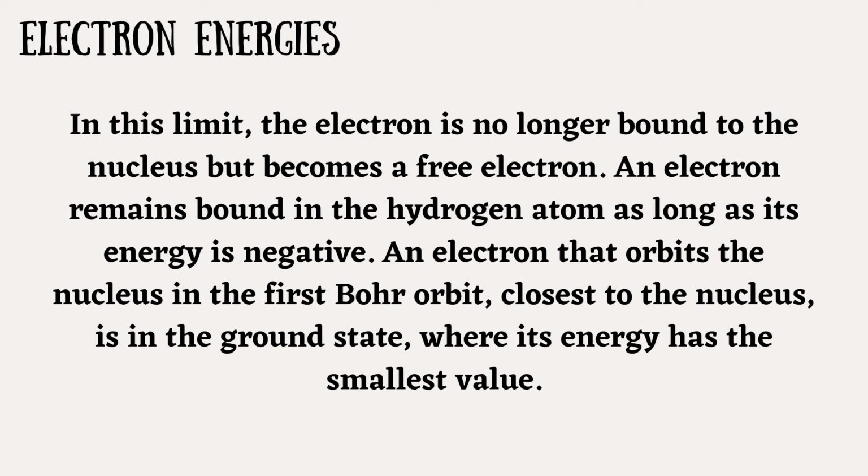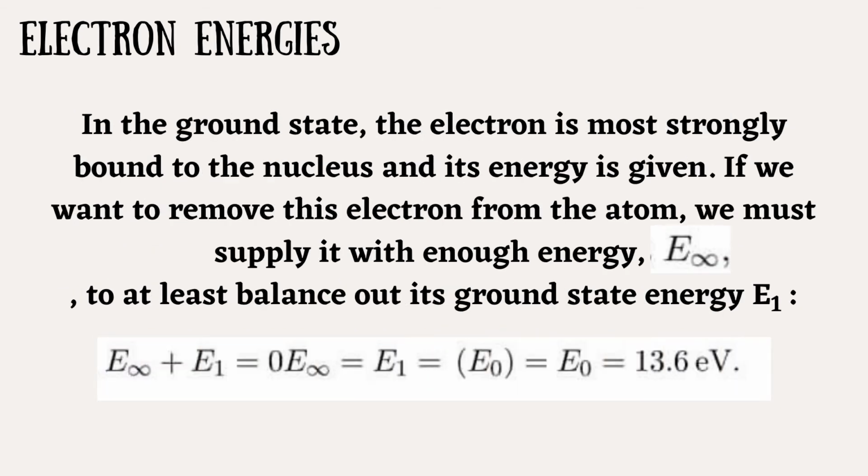An electron remains bound in the hydrogen atom as long as its energy is negative. An electron that orbits the nucleus in the first Bohr orbit, closest to the nucleus, is in the ground state, where its energy has the smallest value. In the ground state, the electron is most strongly bound to the nucleus, and its energy is given by E1.